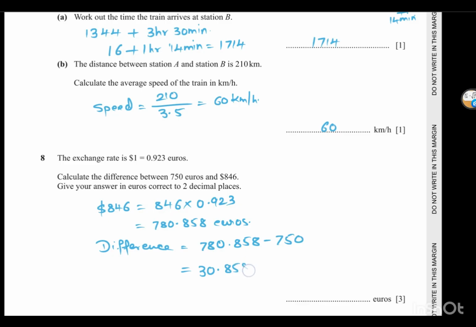They have said to give your answer correct to two decimal places, so we will round it to two decimal places. So the answer is 30.86 euros.